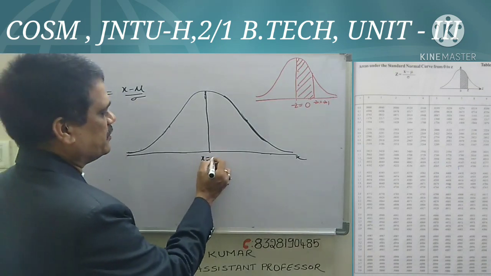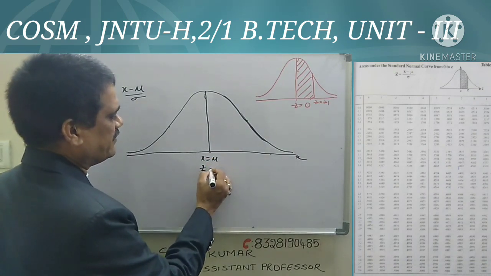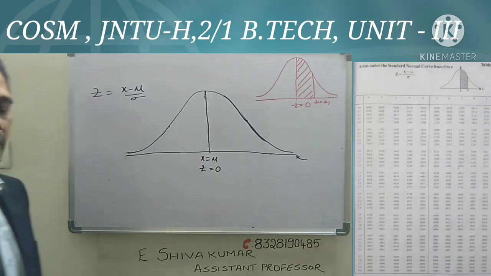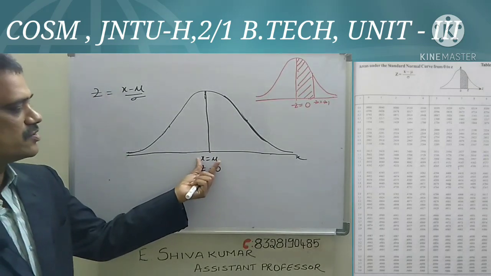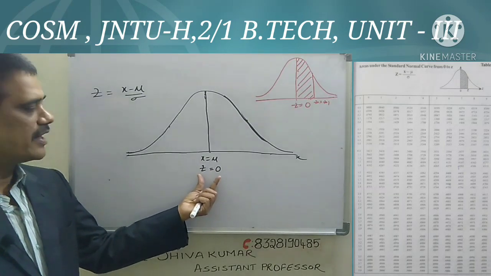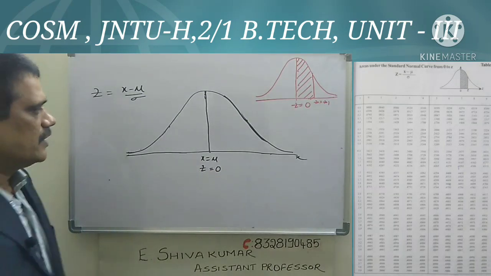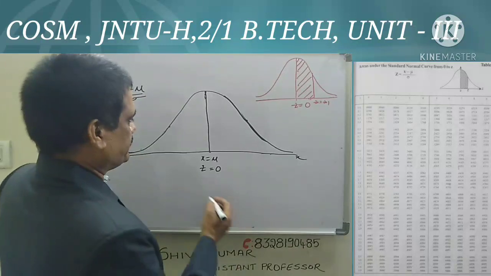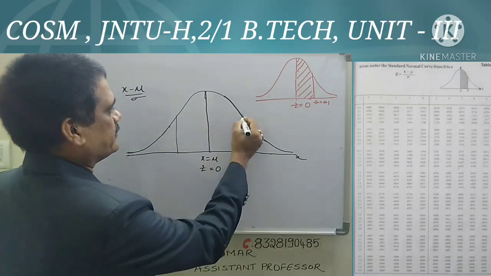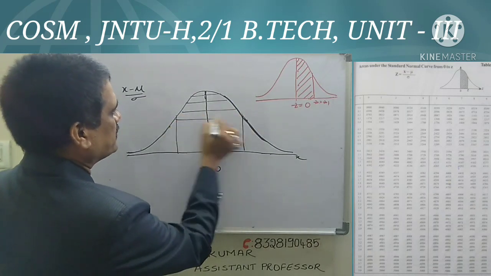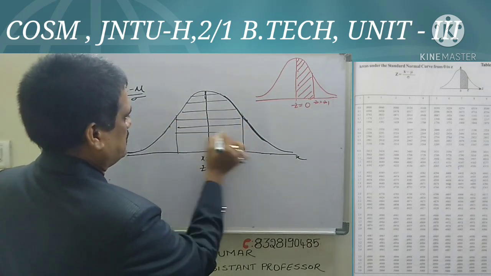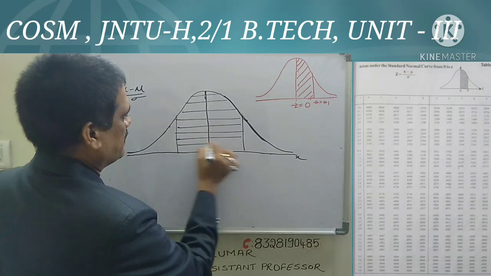This is x equals mu, and the corresponding z value is 0. Wherever you write x equals mu, the corresponding z value is z equals 0. Now, if you want to calculate this area, how do we calculate it? Carefully observe here.